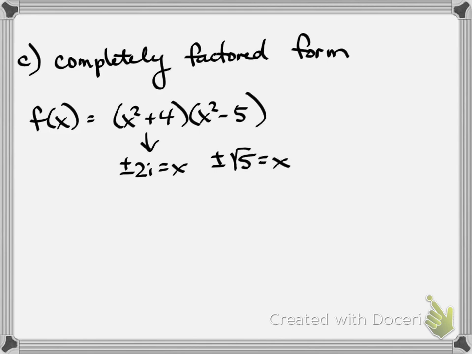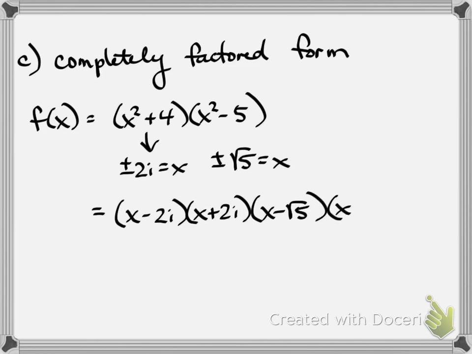Completely factored, they don't care if it's real, irreducible over the reals or rationals or anything. So we can call the first one x minus 2i, the next one x plus 2i, the third one x minus square root of 5, and the last one x plus square root of 5. And that is completely factored.